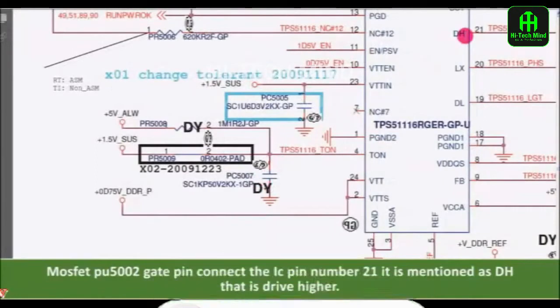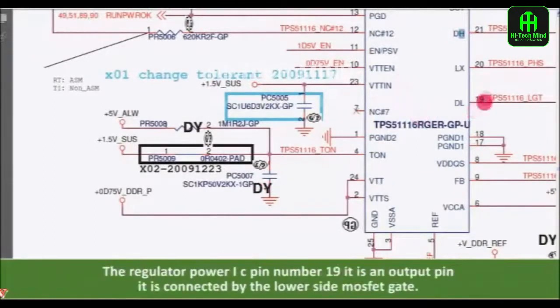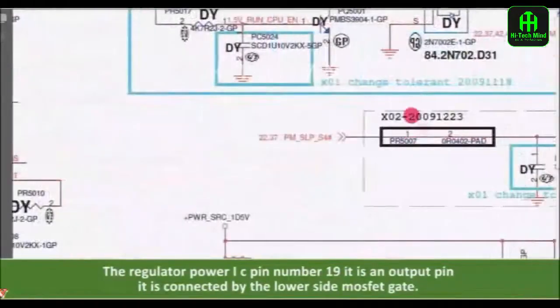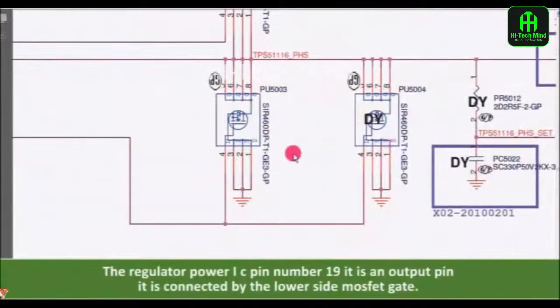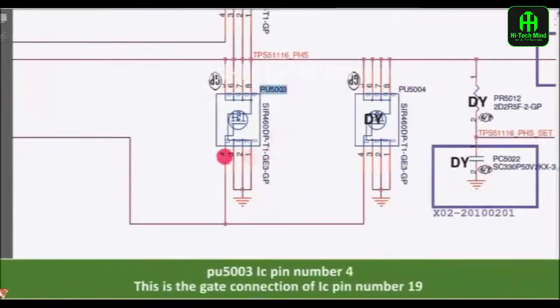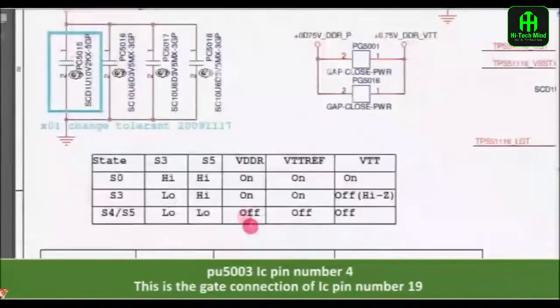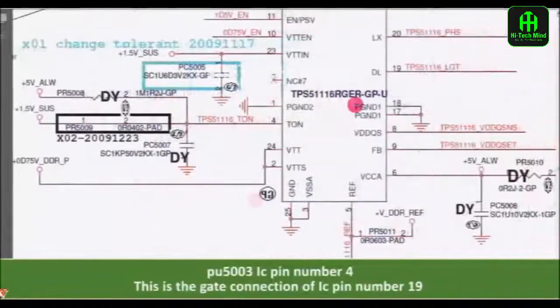It is mentioned as DH, that is drive higher. The regulator IC pin number 19 is an output pin. It is connected to the lower side MOSFET gate PU 5003 pin number 4. This is the gate connection of IC pin number 19.